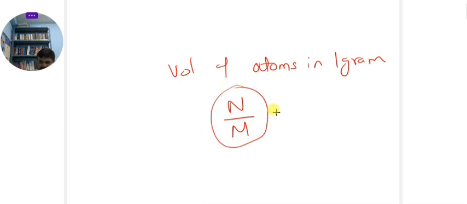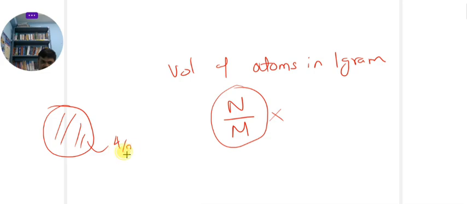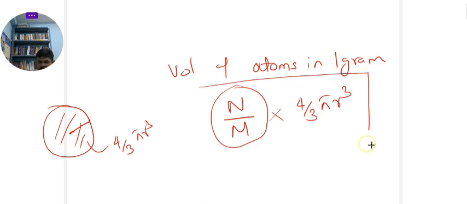This is the number of atoms into the volume. Everyone knows atoms are spherical in shape. The spherical volume will be 4/3 pi r cube, where r is the radius. So this much is the volume of atoms in 1 gram.